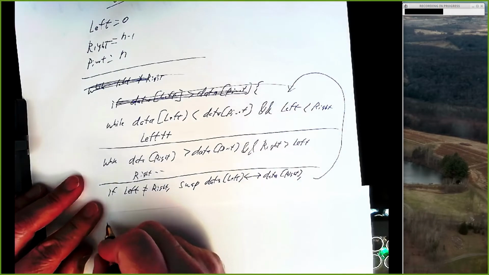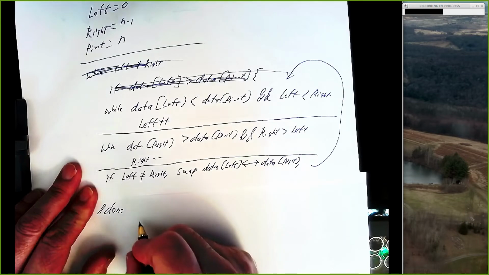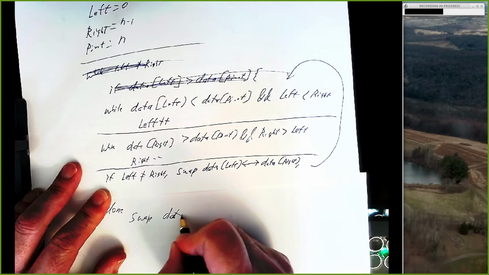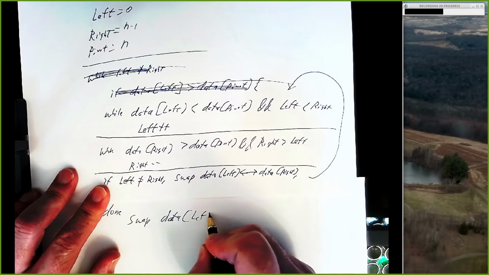Otherwise, we're done with that pass, so swap data, and left and right are equal to each other, so we could use either one.